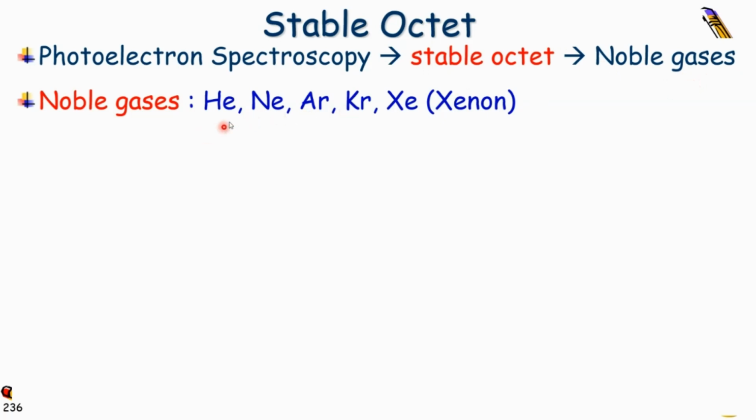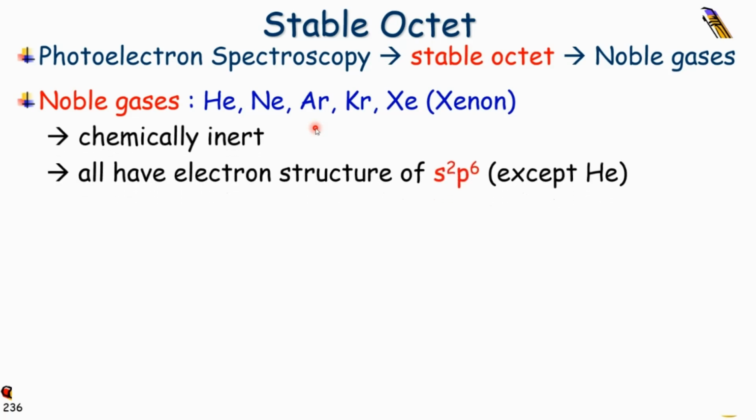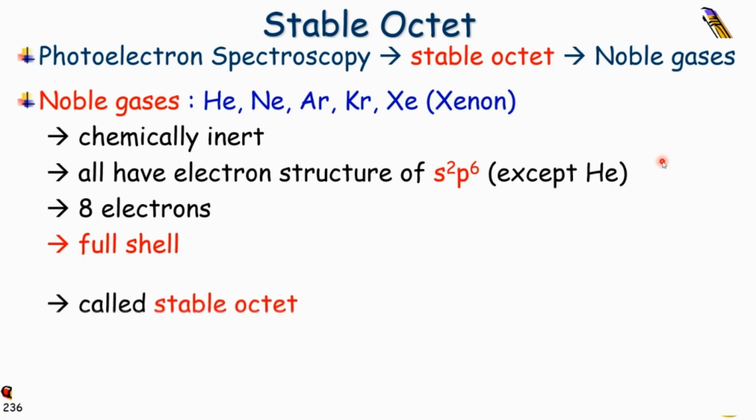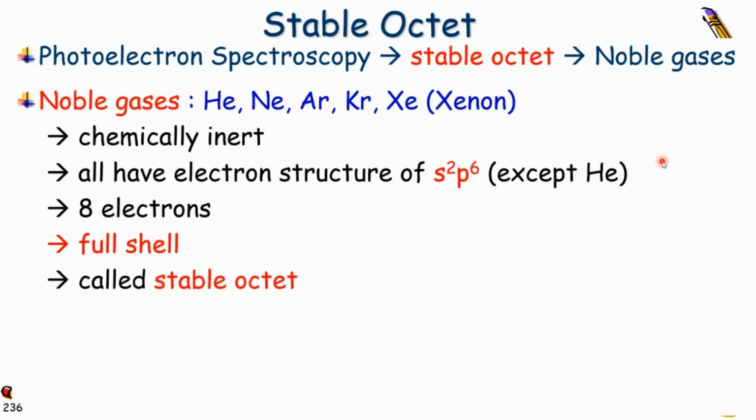Noble gases are chemically inert, and all have the electron structure of s2p6, except helium. Helium has s2 only. So there are 8 electrons, and the shell is full of electrons. We call this a stable octet structure.